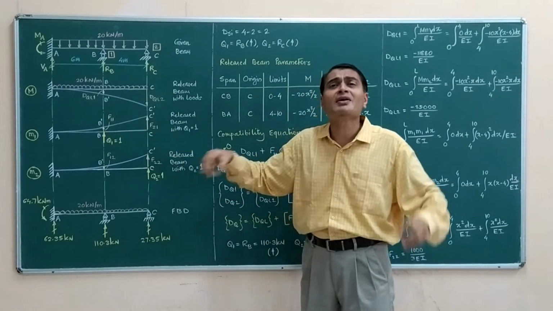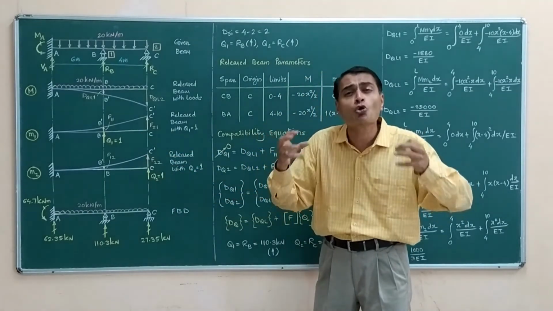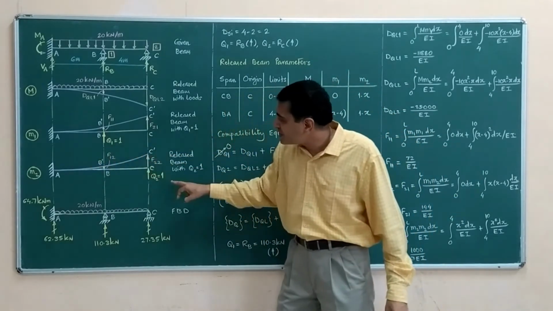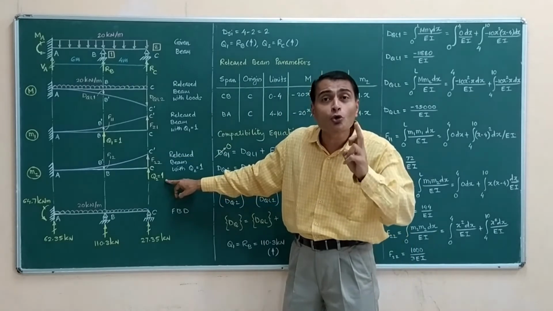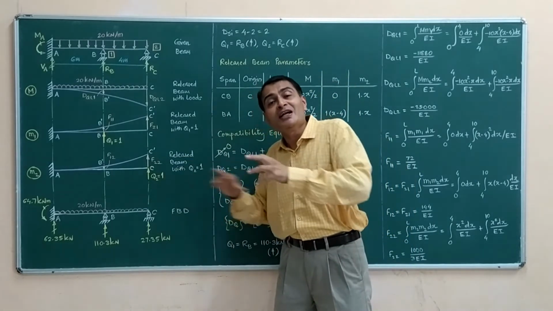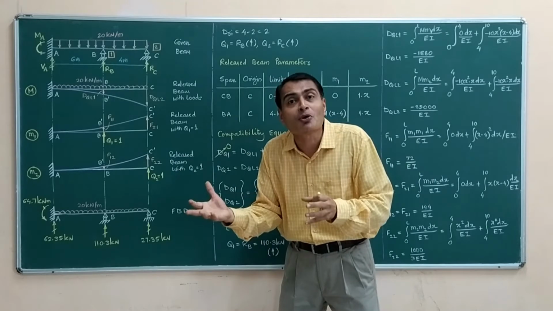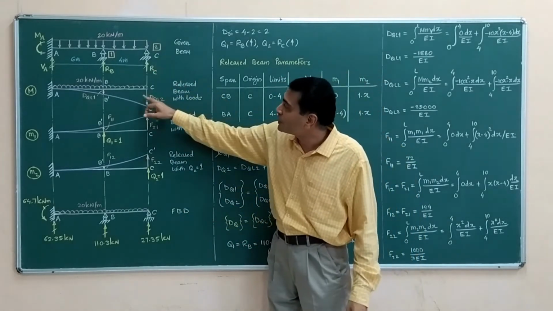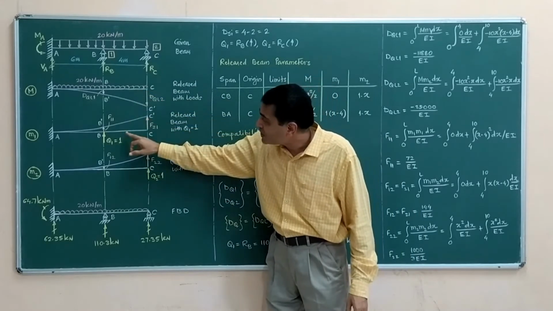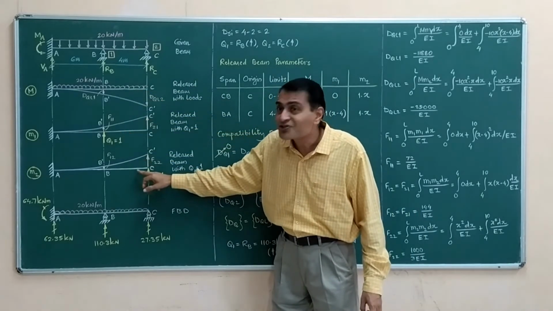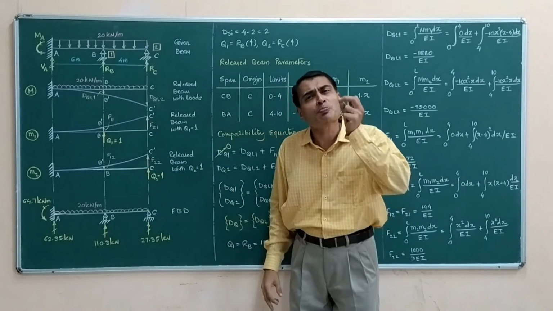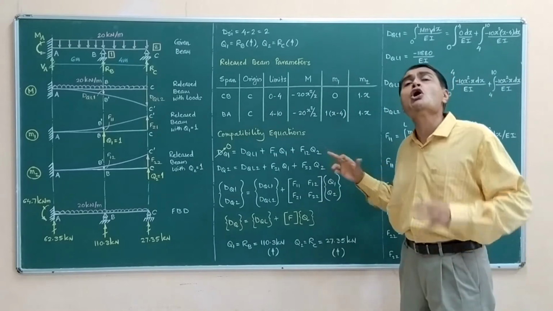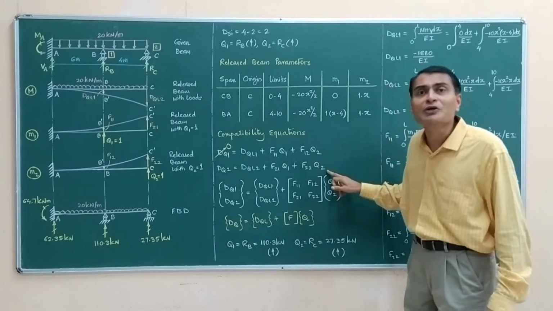Whatever you are observing, whether it is shear force, bending moment, slope, deflection, whatever effect we want to discuss, if it is due to unit load, then due to RC, it will have to be multiplied by that much amount, that means RC. That's why I keep saying that this configuration is this plus this into RB plus this into RC, and that is precisely what I have written in my first equation, for that matter in my second equation.